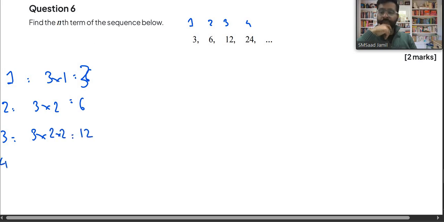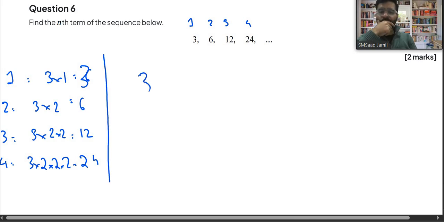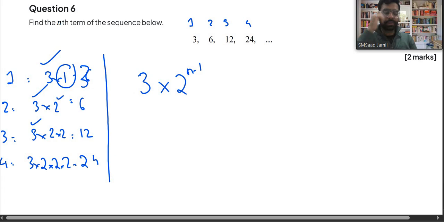Then the next term is fourth term, 3 multiplied by 2 multiplied by 2 multiplied by 2, which becomes 24. Alright, so 3 is same throughout. Multiply by, as you can see, we have 2 in every term except the first one. We can say 2, and because in the first term we do not have 2, we will say n minus 1.